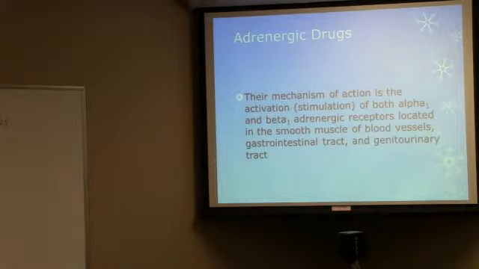The mechanism of the drugs is going to be to activate or stimulate the alpha beta adrenergic receptors, and this is going to be located in the smooth muscles. Does the numbers make a difference? What do you mean? Like the one. Well, yeah.